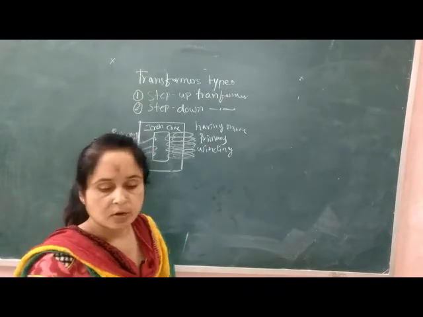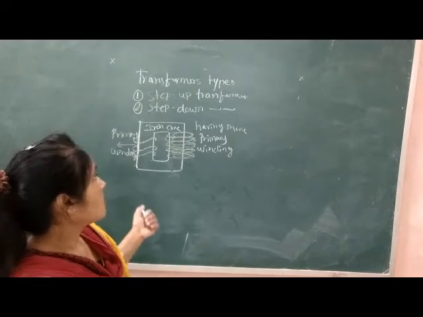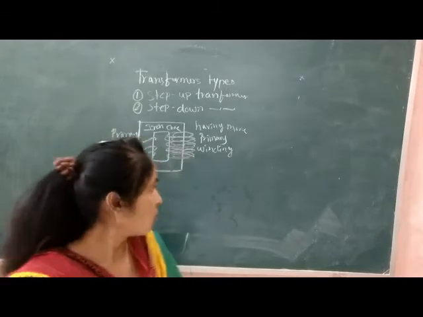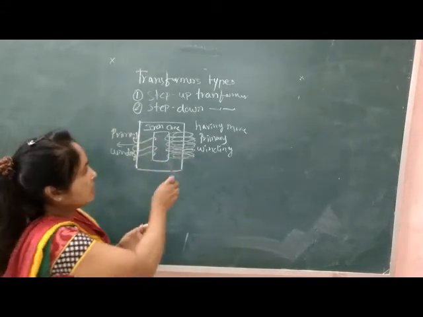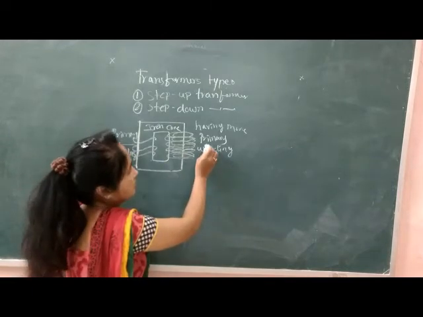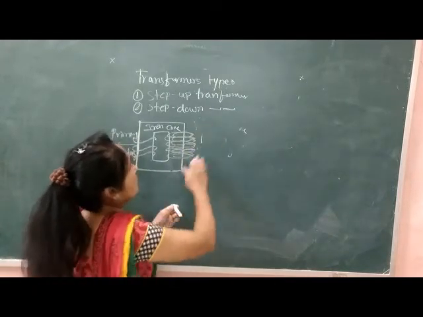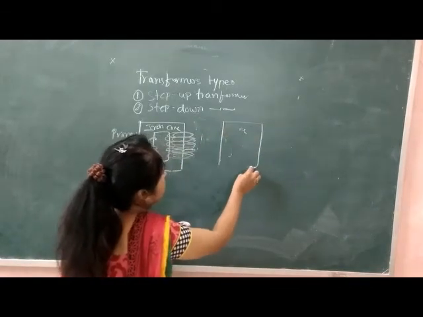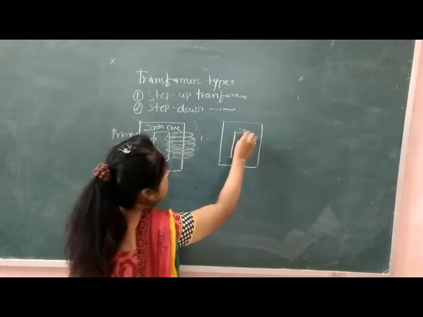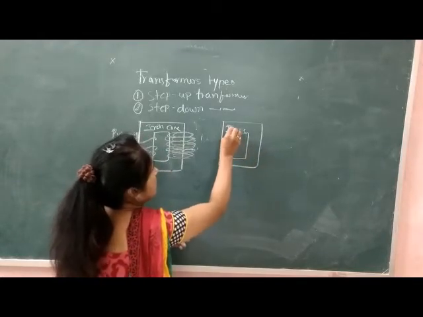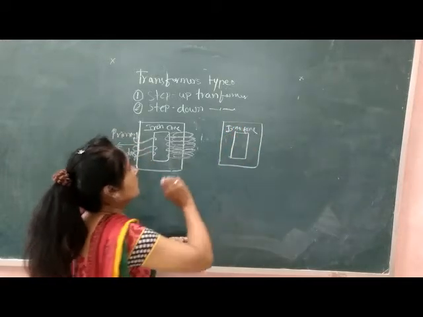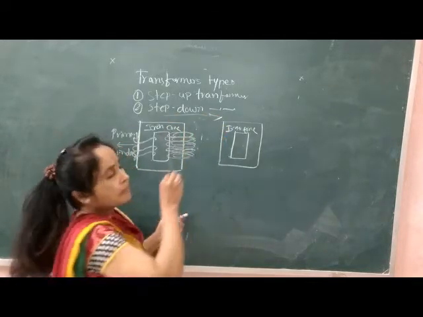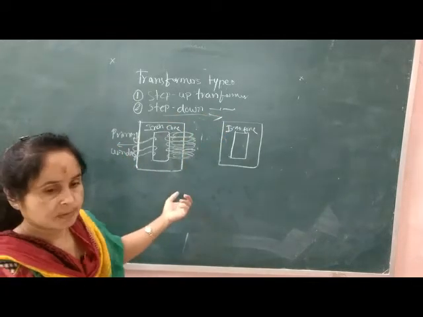Next we study the step down transformer. In this step down transformer, the sides are changed. See, the iron core is present inside the box. So in this step down transformer, the opposite reaction takes place.